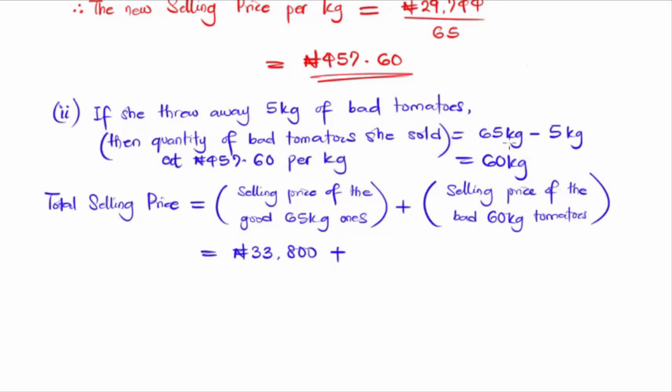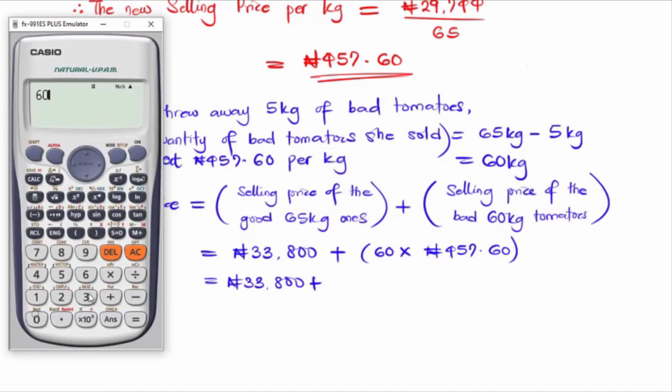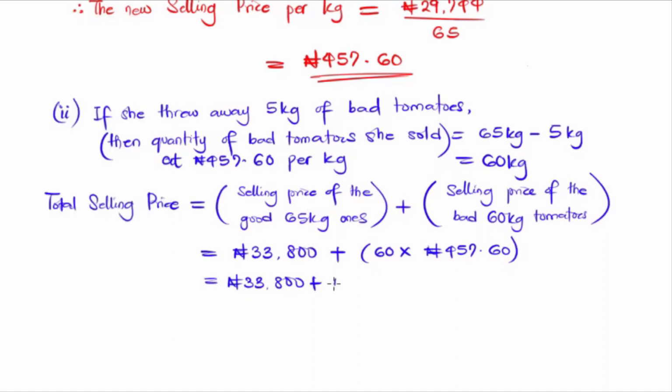Okay, that's the amount she sold them per kilogram. So now the selling price of the whole 60 will be 60 multiplied by the amount per kilogram, which is 457.60. So just for us to evaluate, this will be 33,800 plus 60 times our answer, which is 457.6. Okay, that's 27,456 naira.